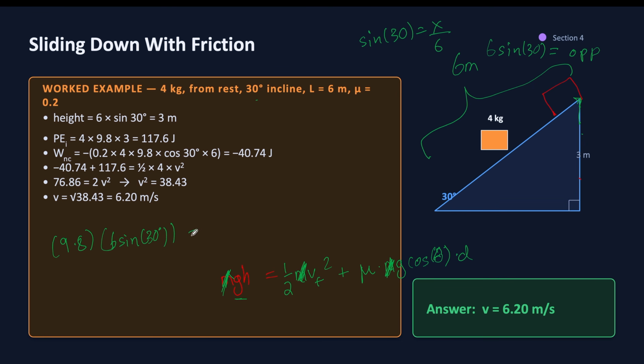Well, that's it, right? gh is equal to 1/2 velocity final squared, which is what we're trying to find, plus mu, which is 0.2, times g, 9.8, times cosine theta, which is what? 30 degrees, times d, which is 6 meters, right? It travels the entire length of the ramp. So that's what you want to keep in mind, right? That's not going to be 3 because 3 is the height. What's the distance it travels? It falls down the ramp. So 6 meters.